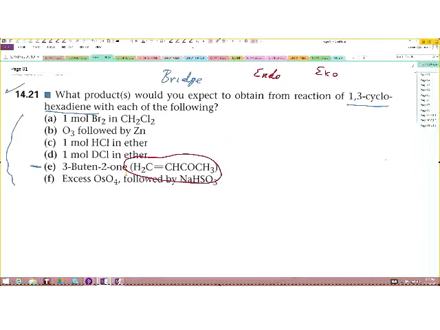Okay, let me redraw that molecule again. It should be this here. The double bond will be here, and of course you have the endo product. The hydrogen is here, okay?